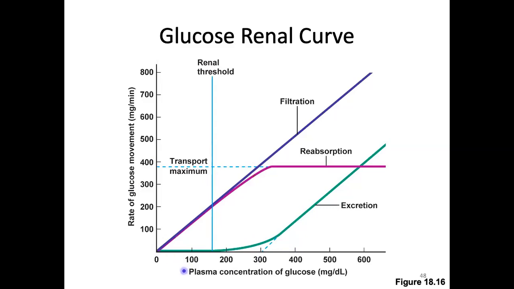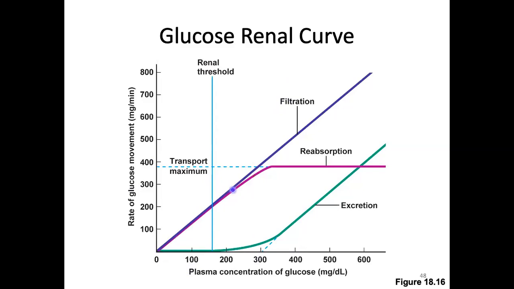Whatever the plasma concentration of glucose is, I'm going to get that filtered out. For normal concentrations of blood glucose, whatever is filtered out is reabsorbed. You notice how these lines both match, the blue one and the purple one, right?